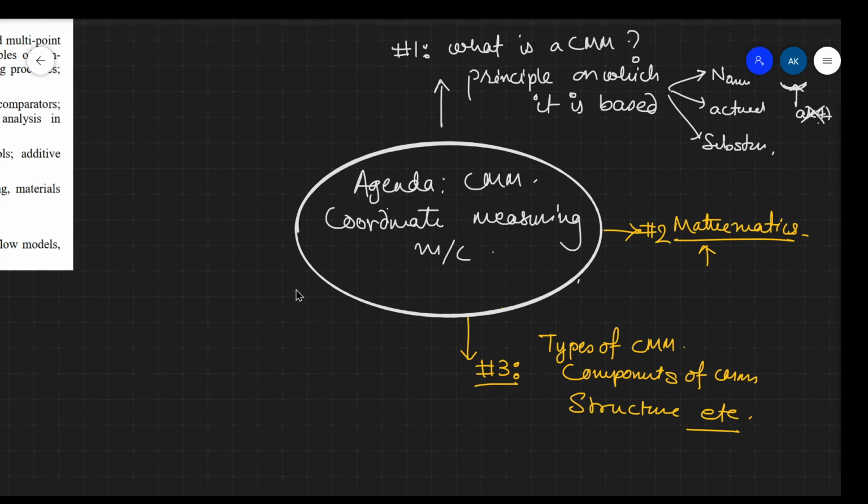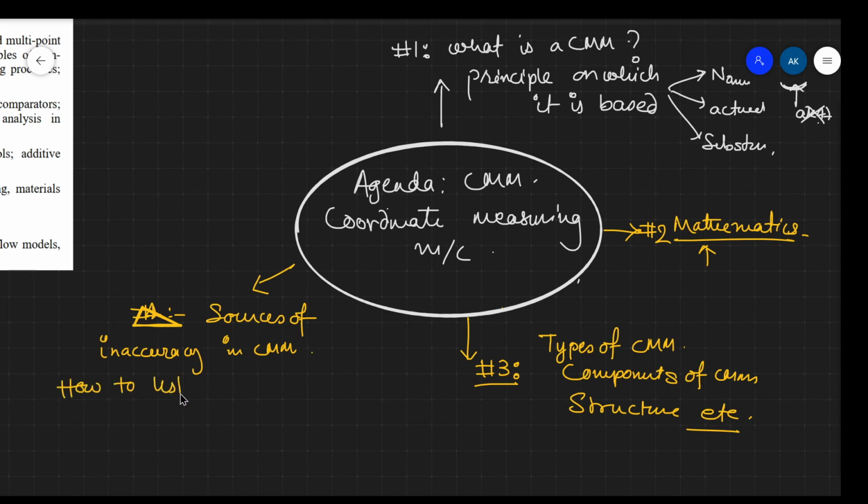Then a very important portion, which is sources of inaccuracy in CMM. If you understand the sources of inaccuracy, then the next question will be how to test them. And once you are testing them, then how to eliminate them.